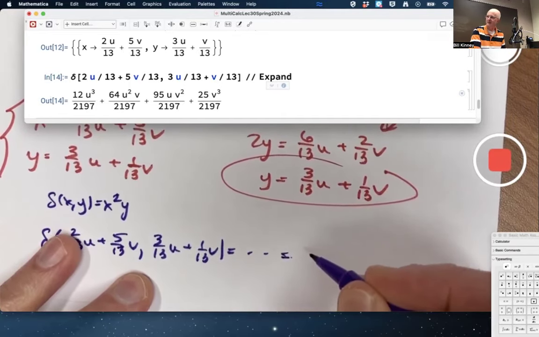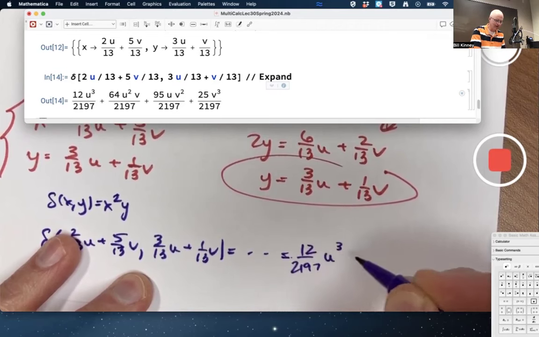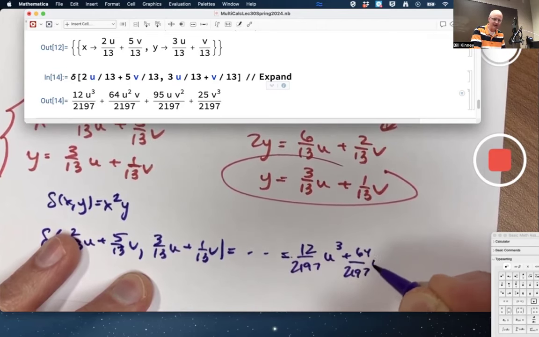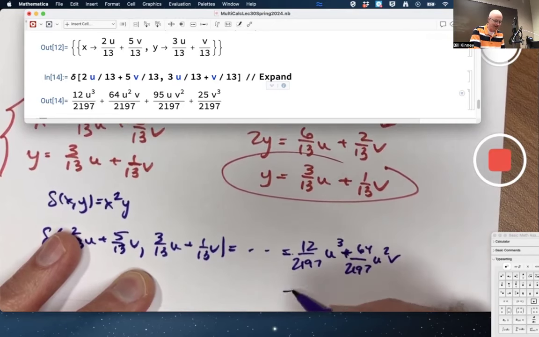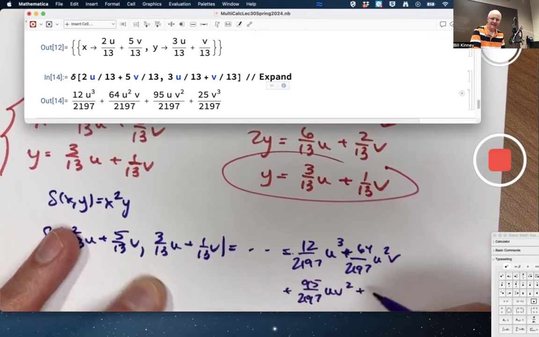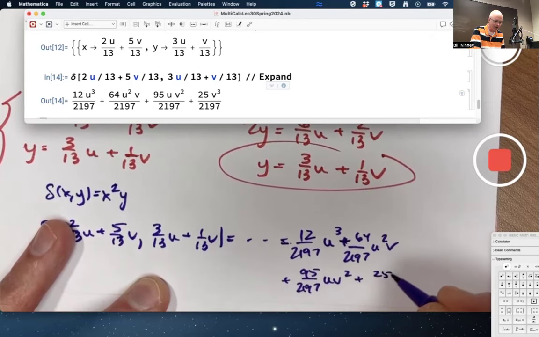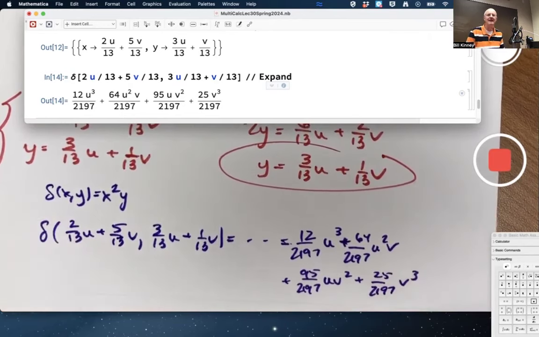Well, maybe it's worth it if you use technology. 12 over 2197 u cubed plus 64 over 2197 u squared v plus 95 over 2197 uv squared plus 25 over 2197 v cubed.